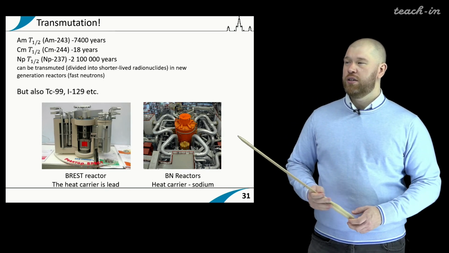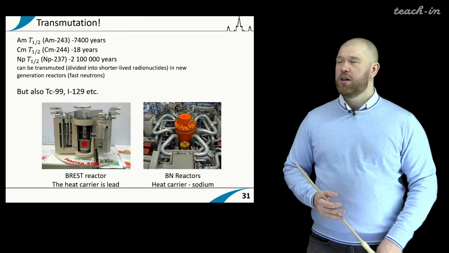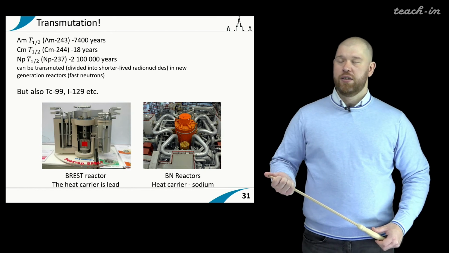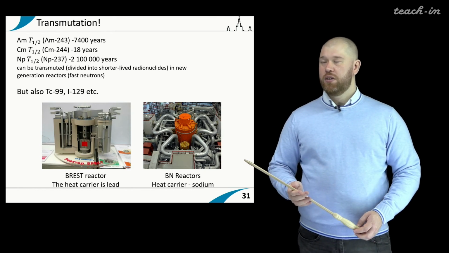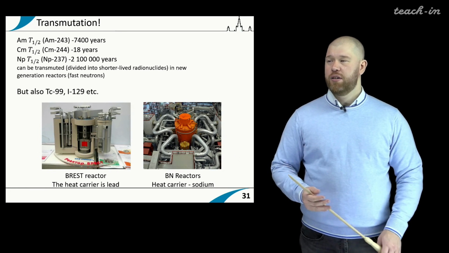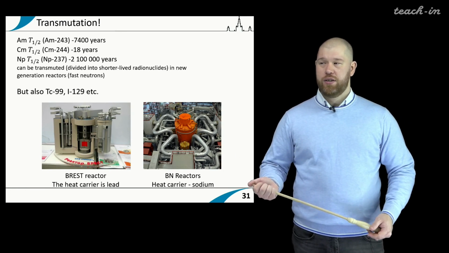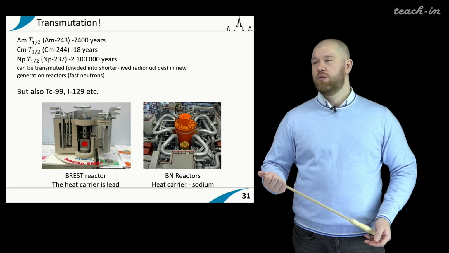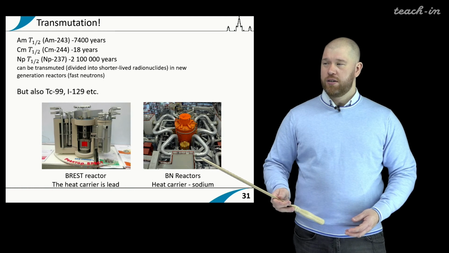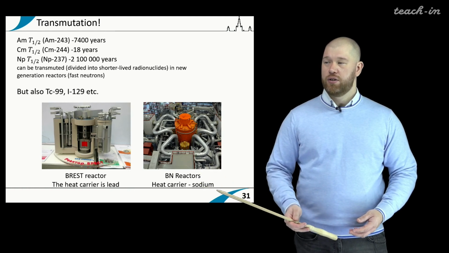All these transmutation reactions can be carried out in fast neutron reactors, and there are two of them in the Ural region. They're called BN reactors and have been in operation for many years, and in this case the heat carrier is sodium.